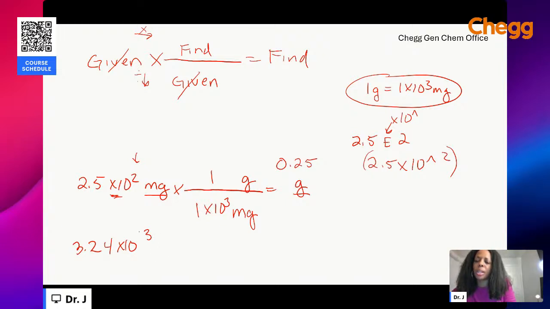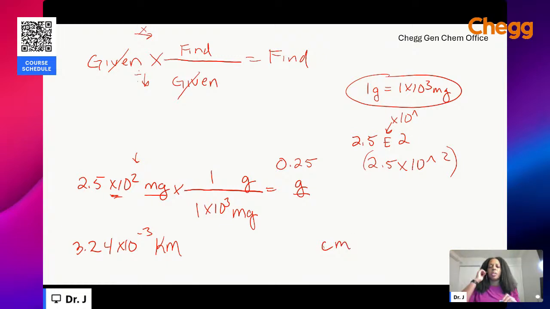3.24 times 10 to the -3. And let's say that this is kilometers. And we wanted to convert this to, let's say, centimeters.